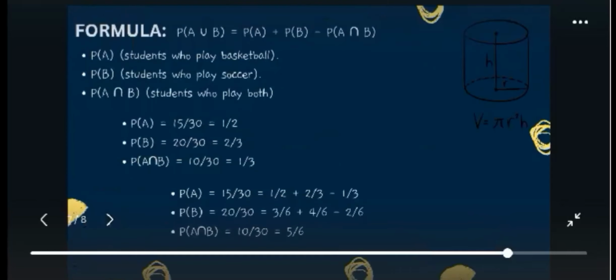To find the probability of the union of these events, students who play either basketball or soccer or both, we use this formula: probability A union B equals probability A plus probability B minus probability A intersect B. Probability A is a student who plays basketball, probability B is a student who plays soccer, and the intersection is a student who plays both.